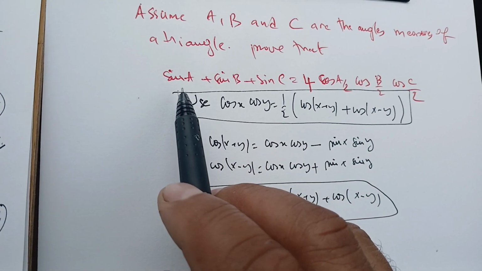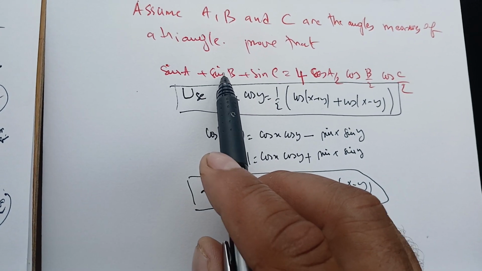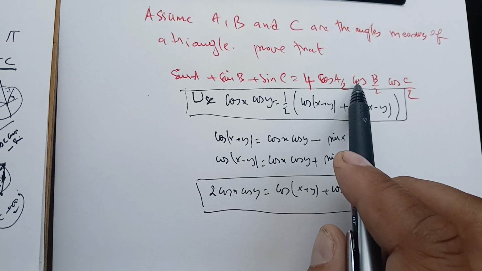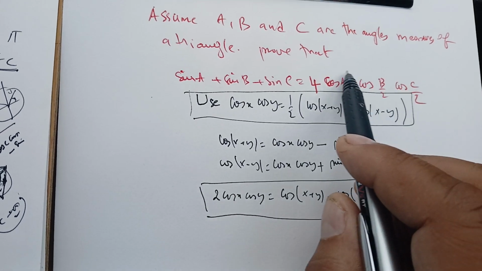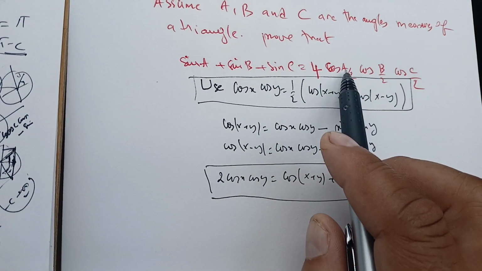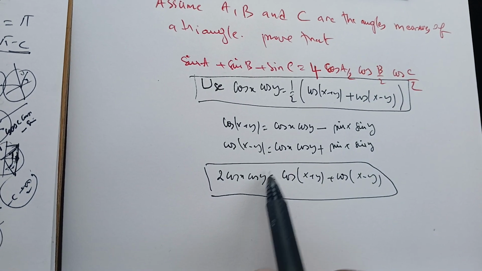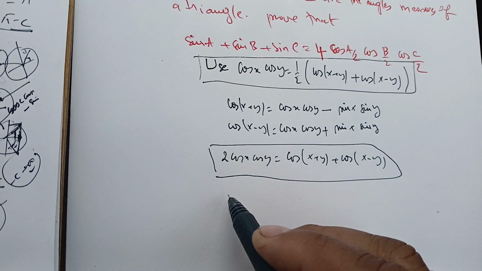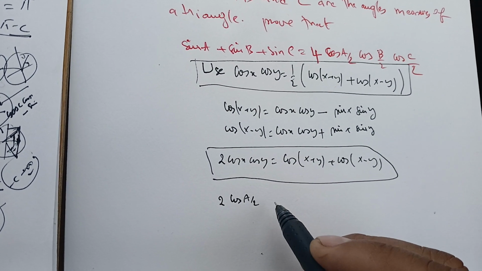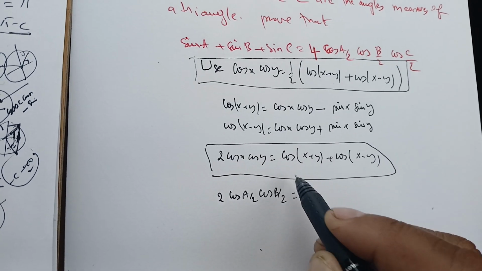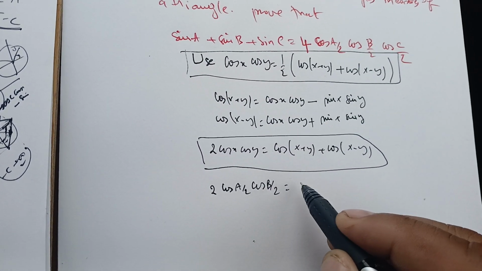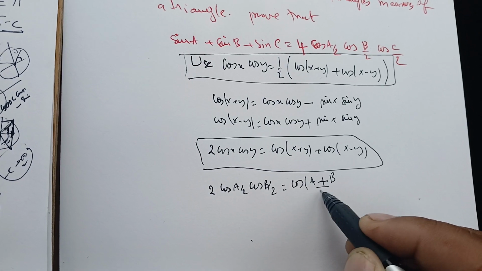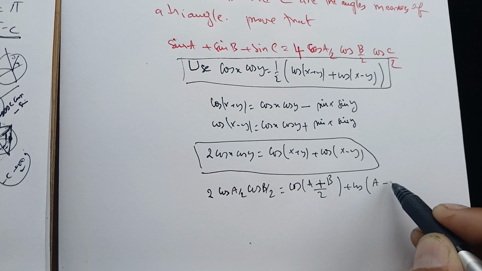Okay, so we want to prove that sine A plus sine B plus sine C is 4 cosine A over 2 cosine B over 2 cosine C over 2. We're going to use this formula with x as A over 2 and y as B over 2. So let's do 2 cosine A over 2 cosine B over 2. According to this formula, we're gonna get cosine of A over 2 plus B over 2, that's A plus B over 2, plus cosine of A minus B over 2.